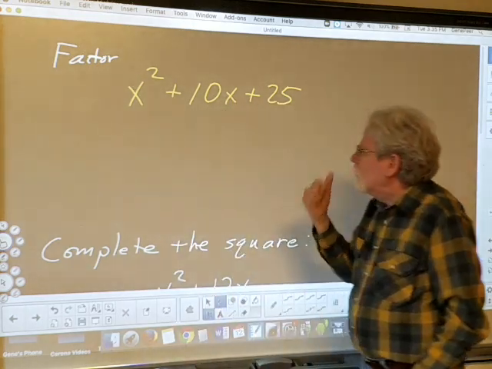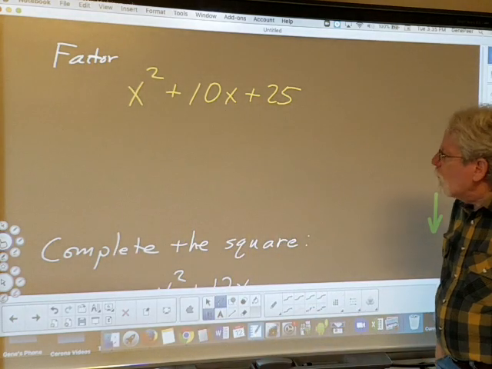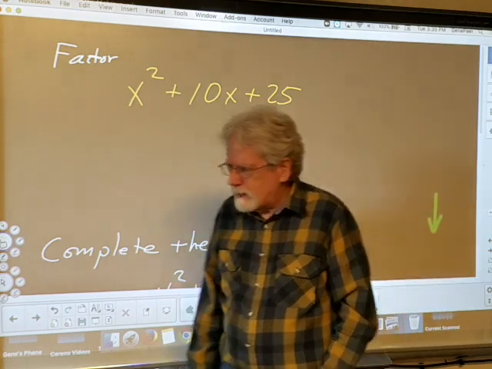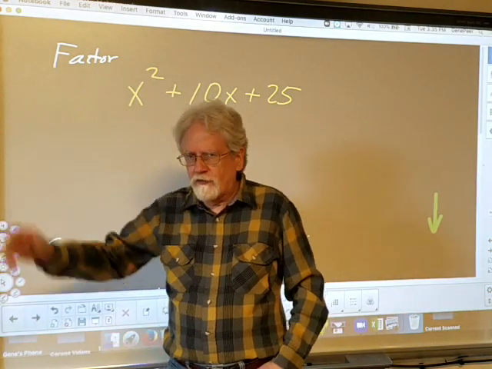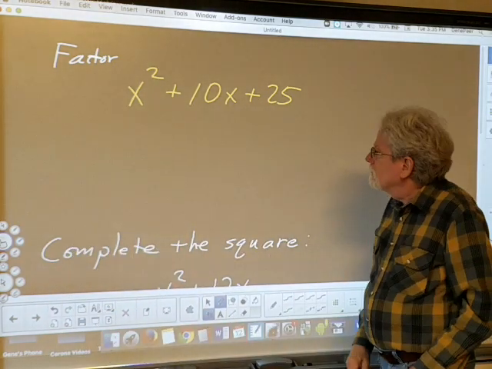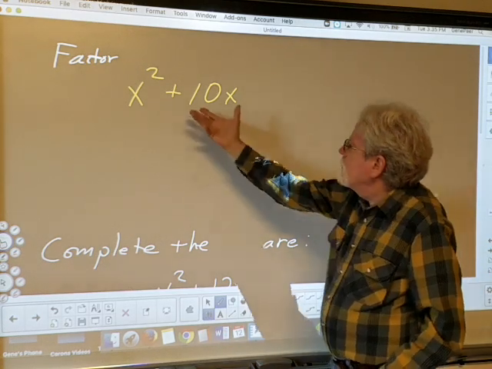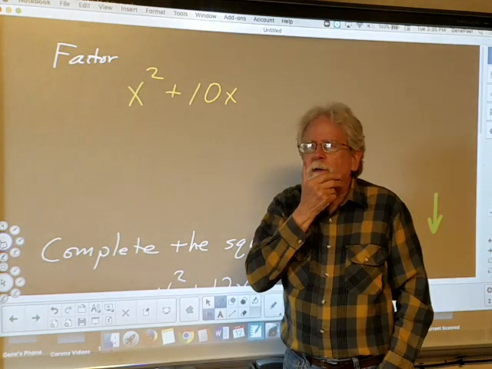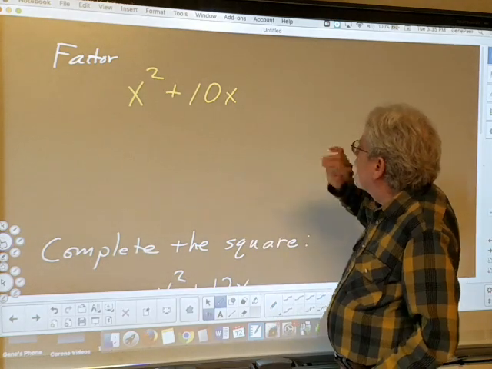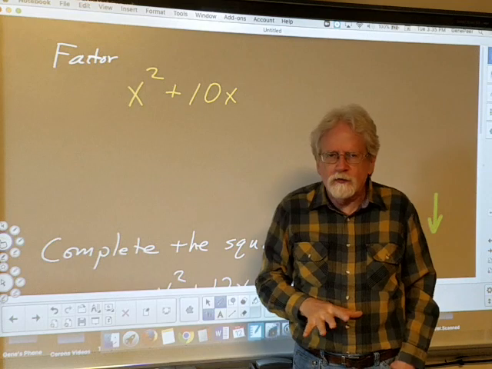All right, I'm writing a test for chapter 2 or 3, and I want to create a problem like that. I want this to be a perfect trinomial square. What do I need to put here for my last term to make it a perfect trinomial square?